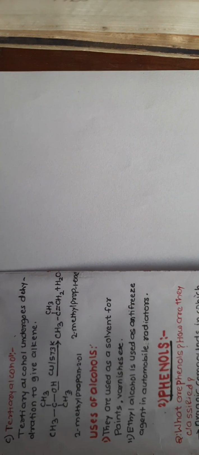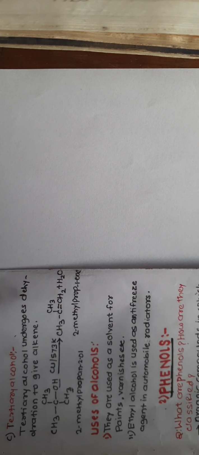See here now, tertiary alcohols. I have taken one more example of secondary alcohol also, isopropyl alcohol, CH3CHOHCH3, in the presence of copper at 573 gives acetone. And then tertiary alcohols: tertiary alcohols undergo dehydrogenation to give alkenes. That is the difference. Tertiary alcohols give alkenes.